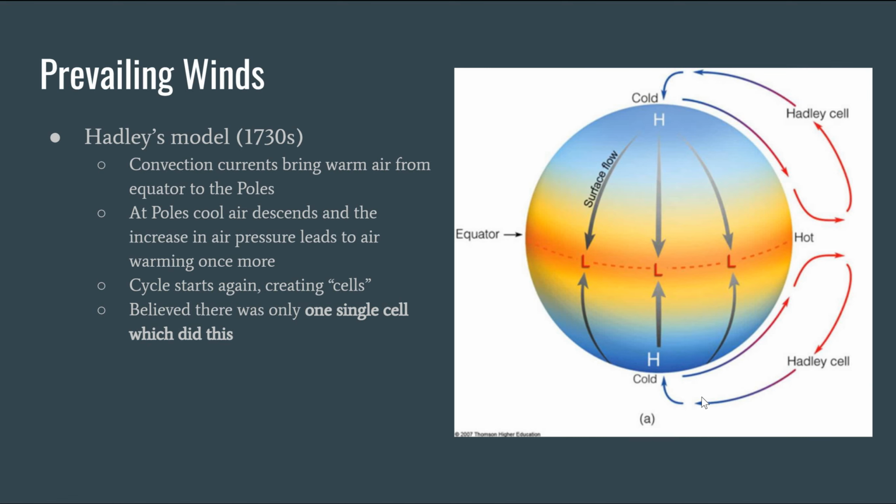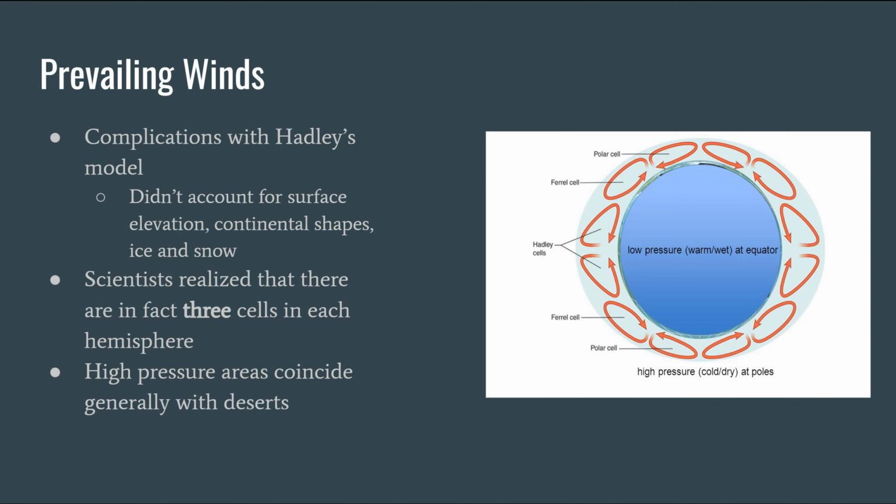However, one of the main complications with this is that Hadley's model doesn't account for surface elevation, continental shapes, ice and snow, and a whole range of other factors. Later on, scientists realized that there are actually 3 cells in each hemisphere, so 6 cells in total. At the equatorial regions, we have the Hadley cells.